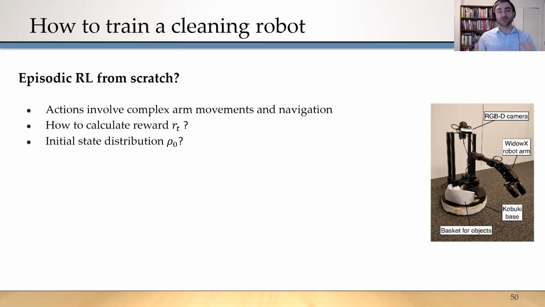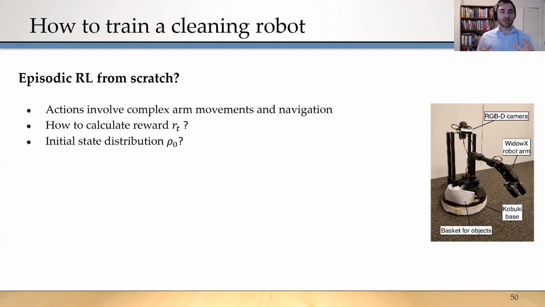So what are the issues here with just trying to apply the same episodic RL that was used in the last project? For starters, the actions here for this agent do involve a lot of complex arm movements and navigation. This makes the overall policy that you want to optimize, and the dynamics, fairly complex.